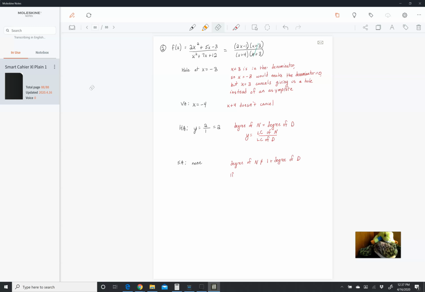And if there's a horizontal asymptote, there's no slant asymptote. It wouldn't be a function otherwise. And that's it. So you can identify all of these using that.